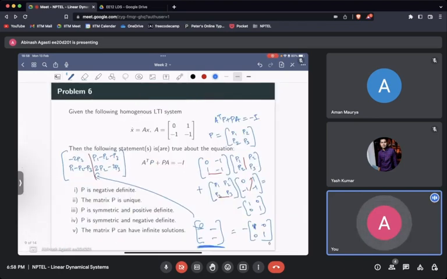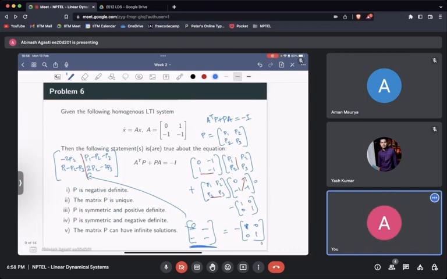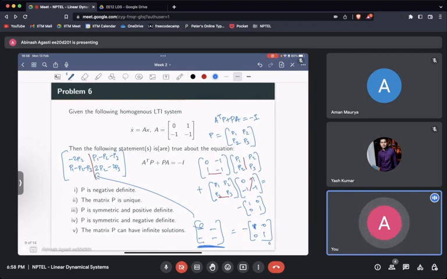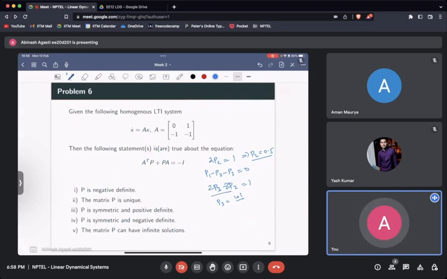Yeah, I took the negative 2P3 minus 2P2. So 2P2 minus 2P3 is equal to minus 1 can be written as 2P3 minus 2P2 equal to 1, which I have written here. So this gives me P3 equal to (1 plus 2P2) by 2.